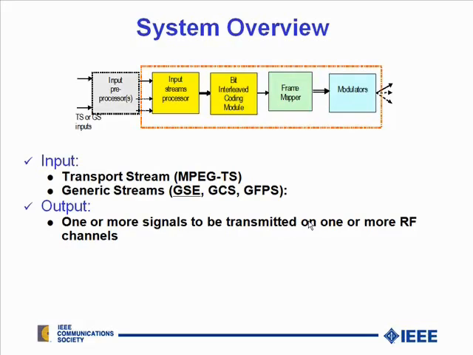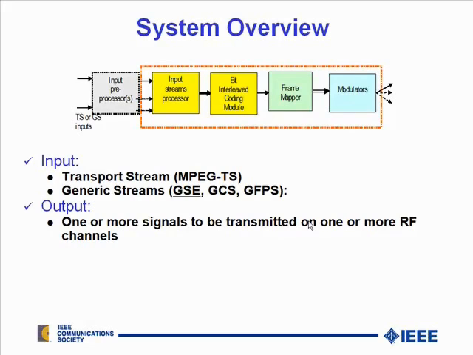All these stream formats have been defined either for the previous generation of DVB-T, or they are new for DVB-T2 and S2, and allow more flexible handling of additional services that may be provided through the DVB-T2 standard.